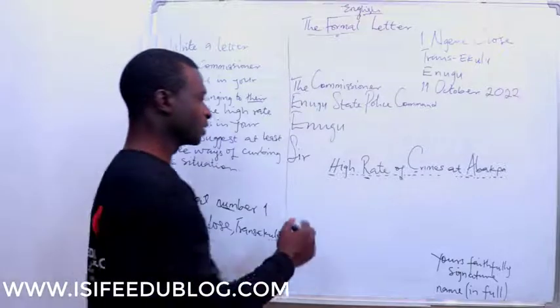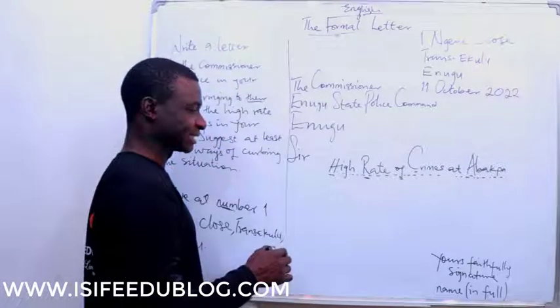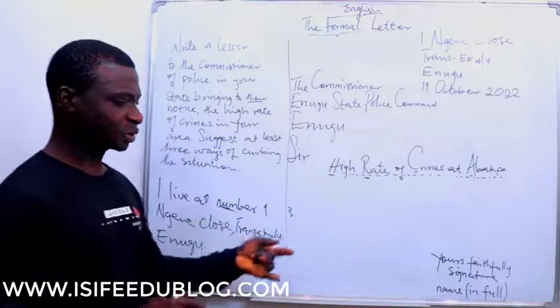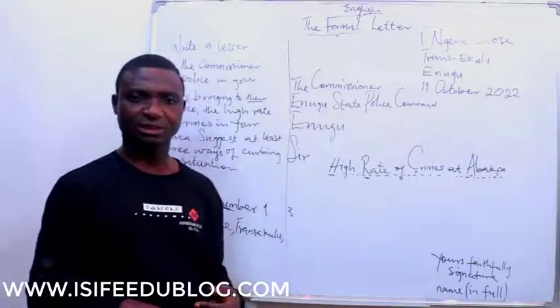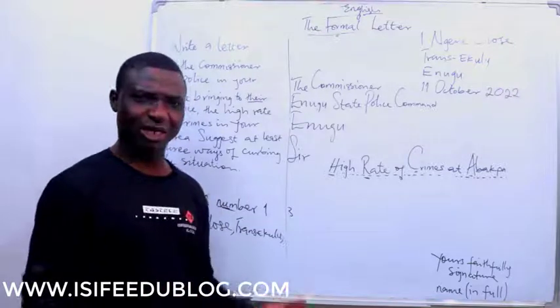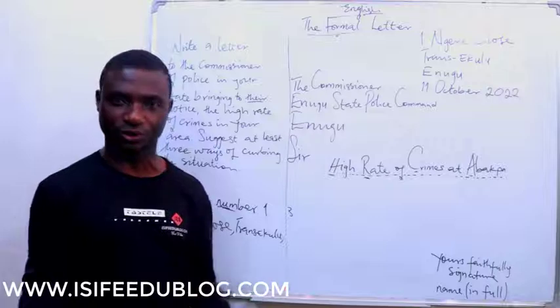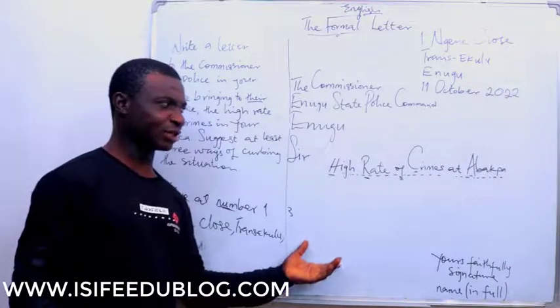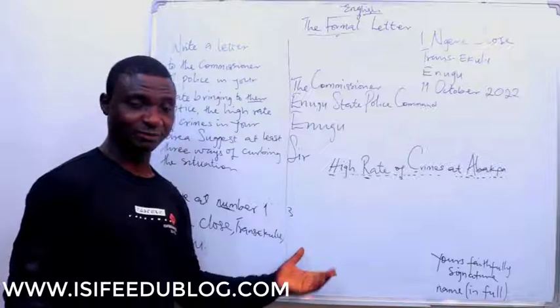Then you begin to cite incidents from your third paragraph. Report one incident. Of course, you won't be telling us there is a high rate of crimes without pointing out 1, 2, or 3. So, third paragraph, one crime incident.